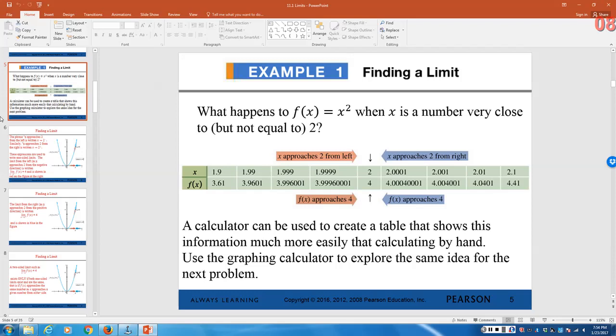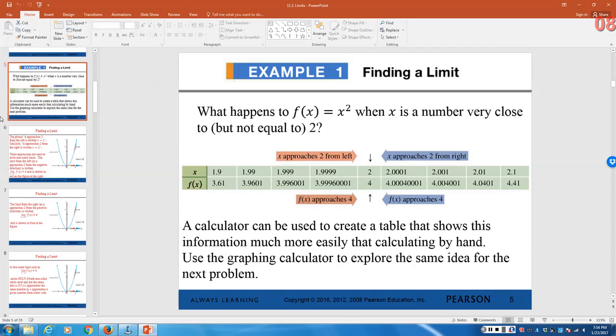1.999 is even closer than 1.99 was. And when you square 1.999, we get 3.996001. So then we move yet one step closer. 1.9999. 1 and 9,999 ten-thousandths.